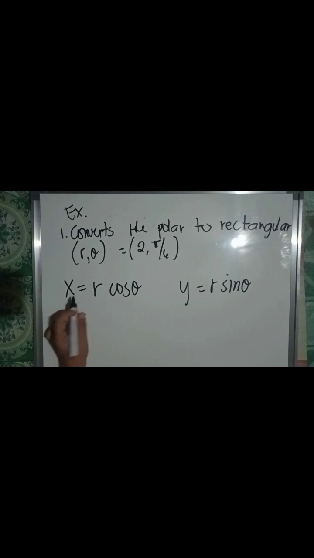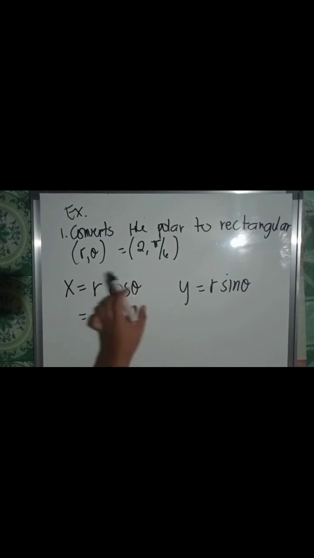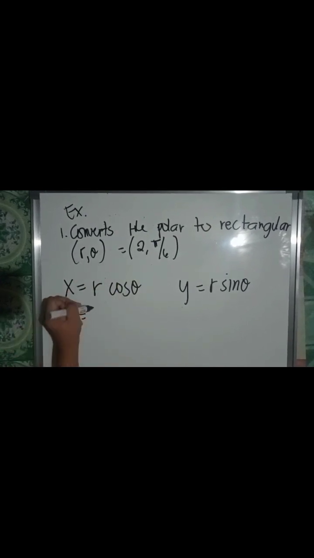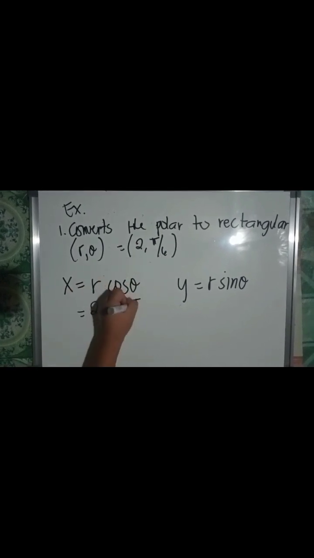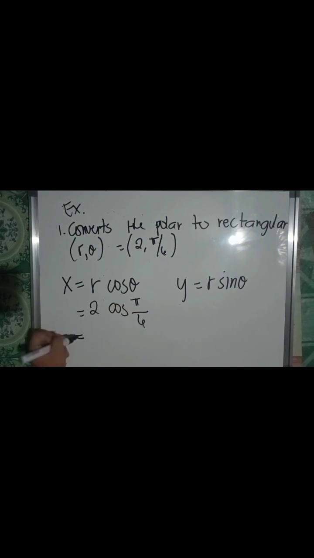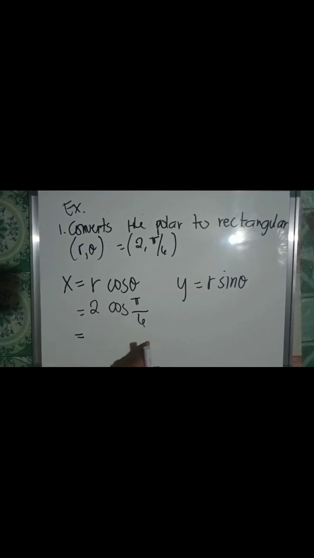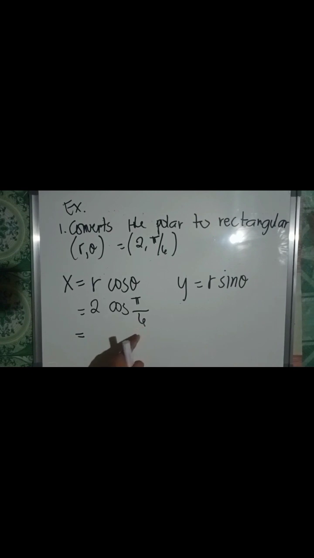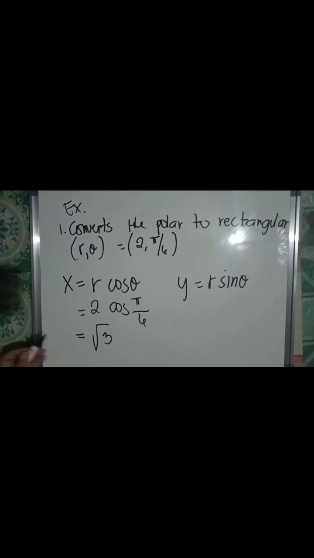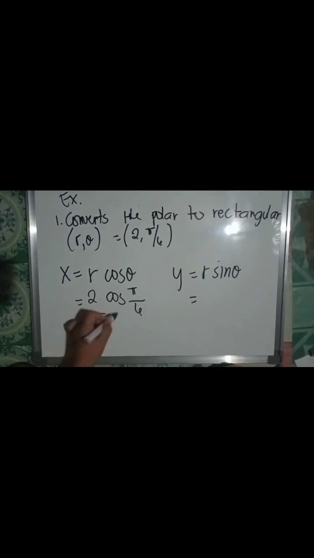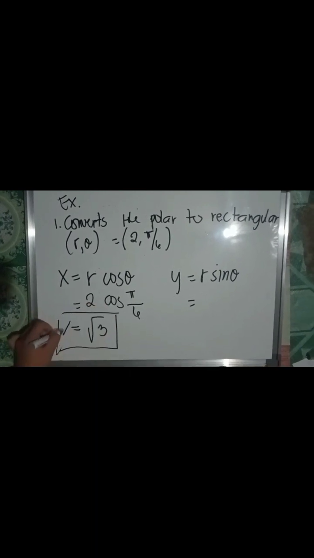To do this, we just need to substitute the given r equal to 2 and theta equal to pi over 6 in the cosine. 2 times cosine of pi over 6 would be equal to the square root of 3, and this square root of 3 is our x.